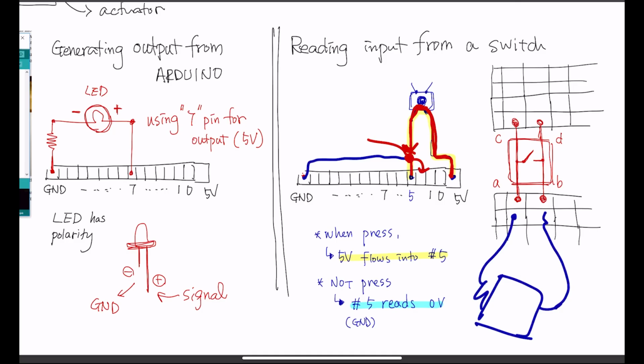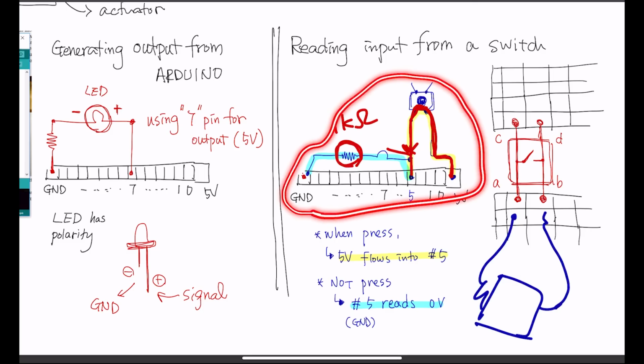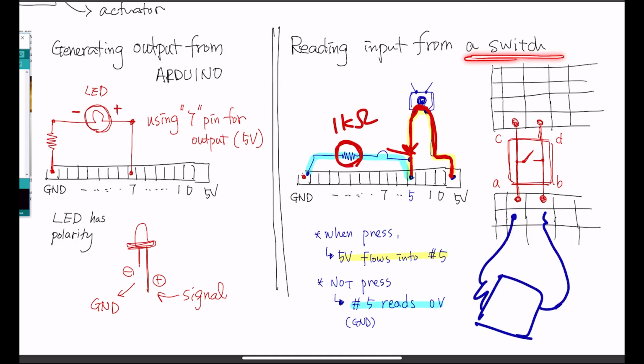Do I have to go this way or that way, right? But if we have that resistor here, then the 5 volts thinks, oh, this is bumpy, I don't want to go this way. All the voltage is going to be connected to pin number 5. That's the reason we have this resistor here, and you can have something like 1 kilo ohm. So this circuit is how you read a signal coming from a switch to pin number 5.